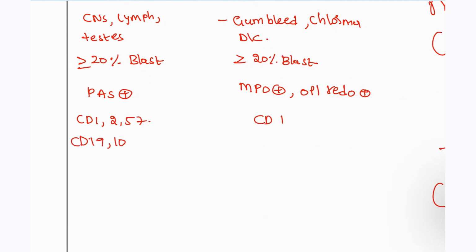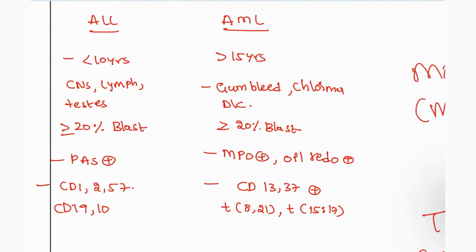Here, CD13 and 33 are going to be positive. These are also important points that you have to remember, guys. Next, in ALL, you don't have to remember the translocations, but here you have to remember some of the translocations like 8;21 and translocation 15;17. Okay, these are the important translocations of acute myeloid leukemia.